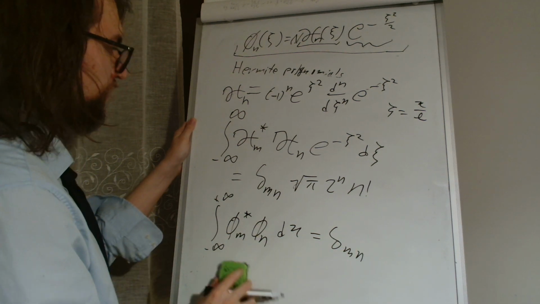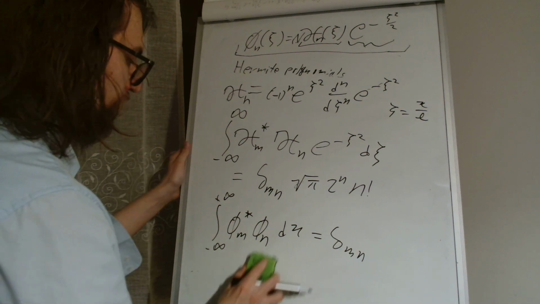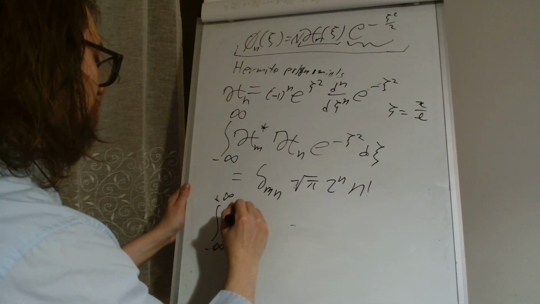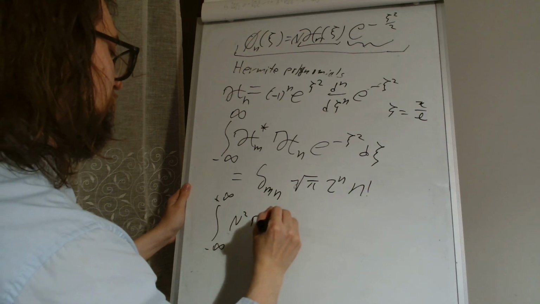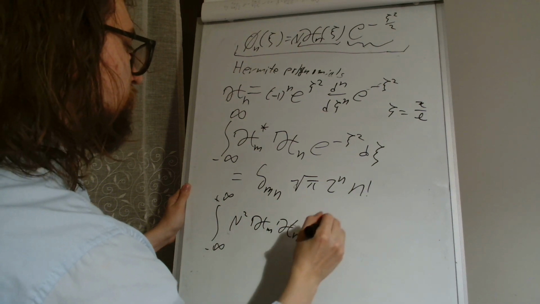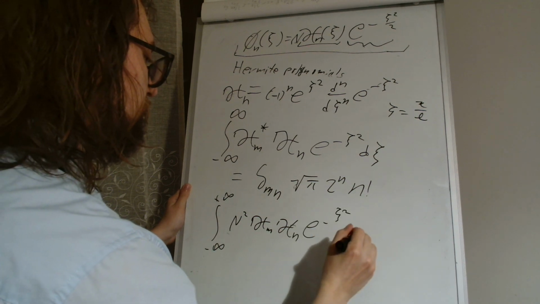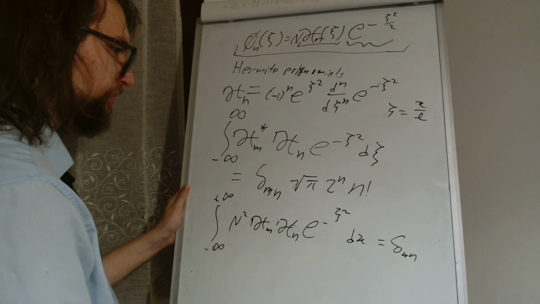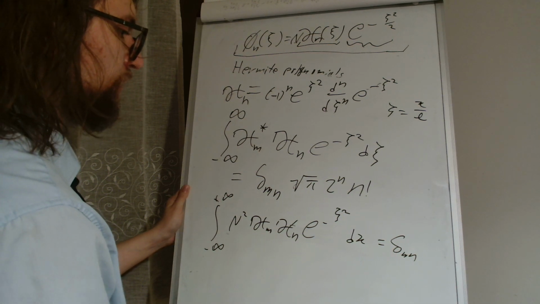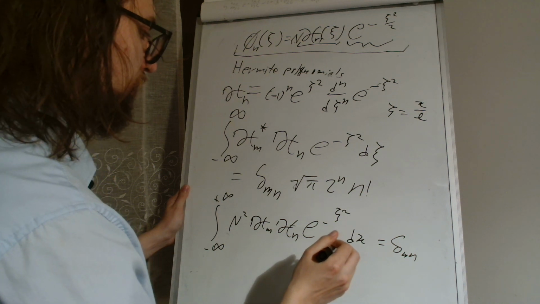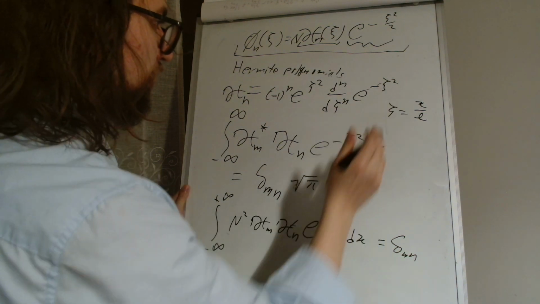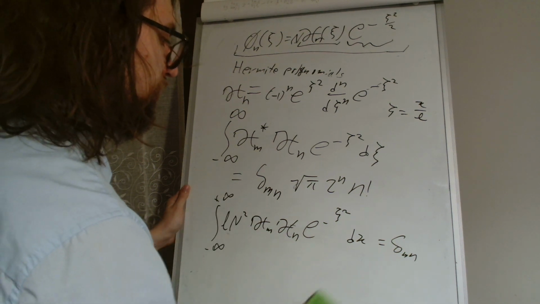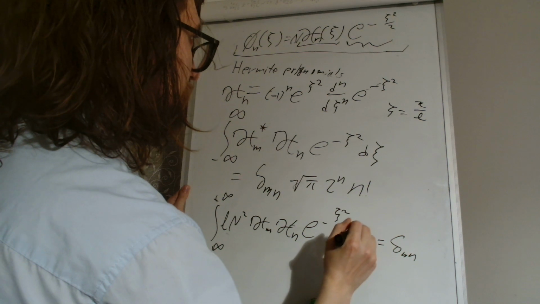And to get this, if we write them out with this expression, we have N squared Hm Hn e to the minus xi squared dx equals delta mn. And if we substitute x with L xi, we get L and here d xi.